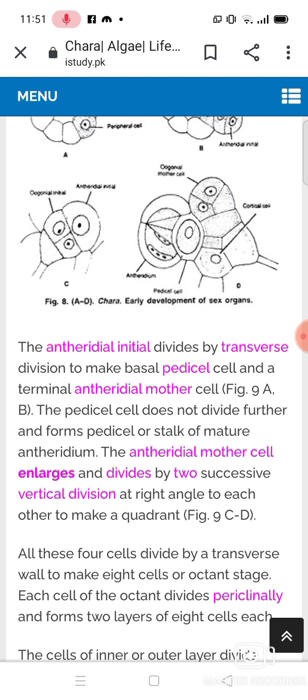There is a pedicel cell which is below the antheridial mother cell. The pedicel cell, the lower cell, will not divide further and forms a pedicel or stalk-like structure of the mature antheridium.